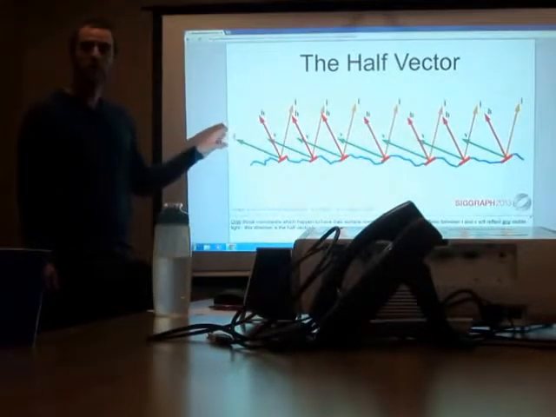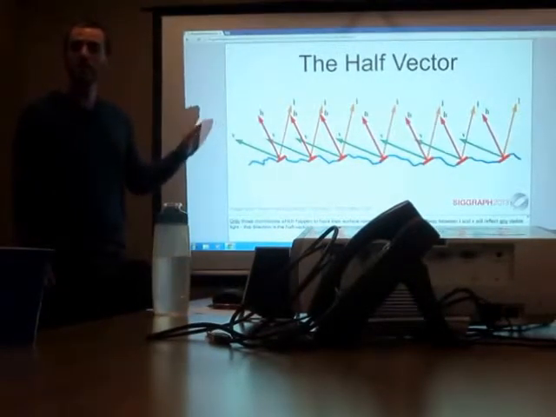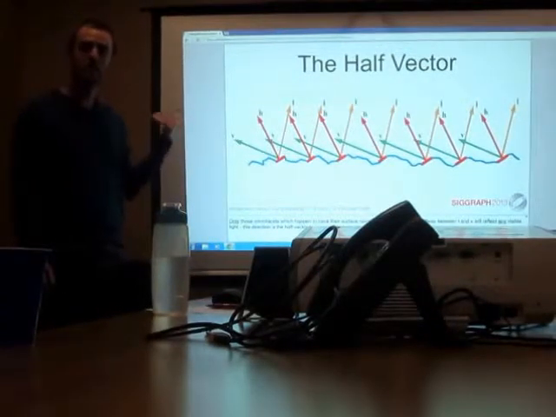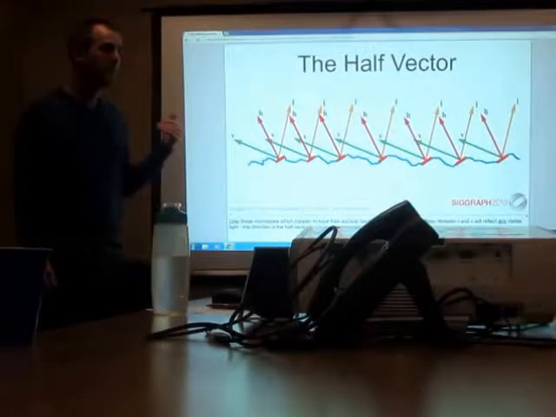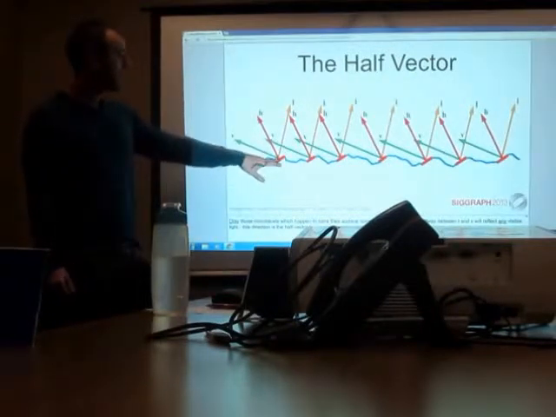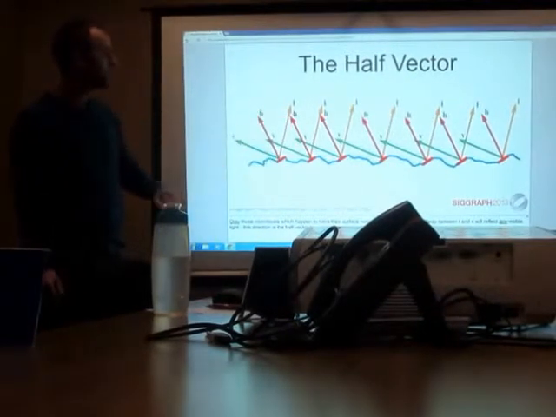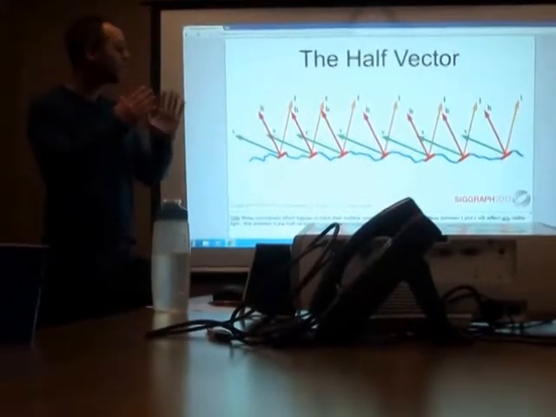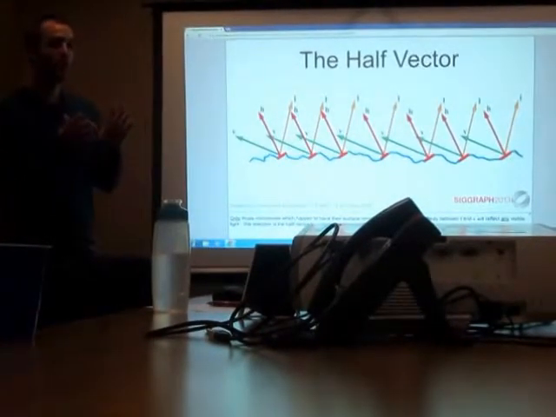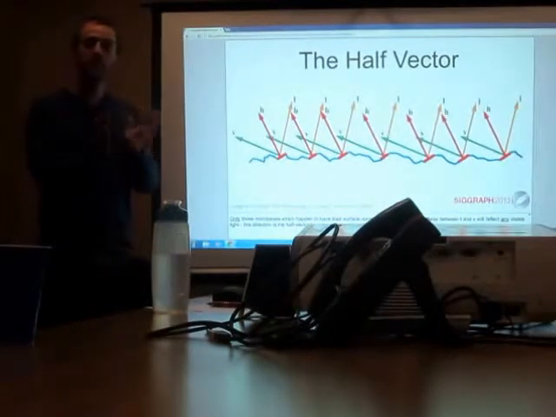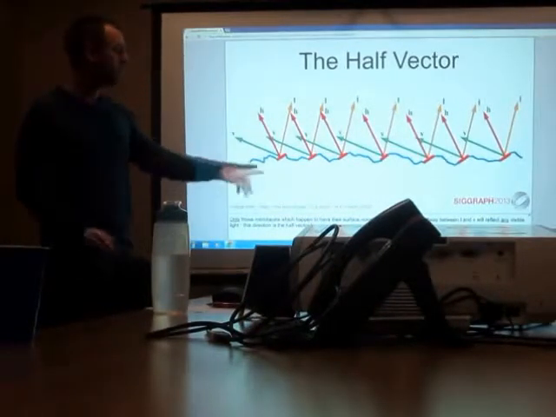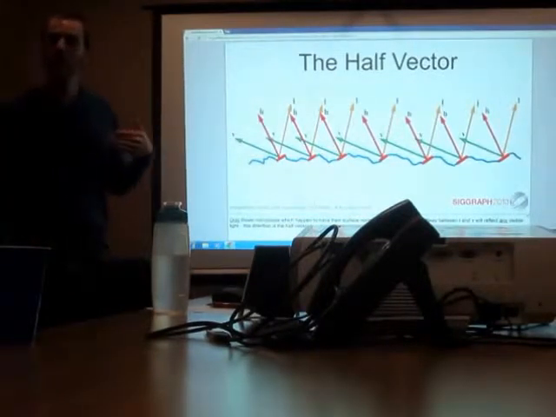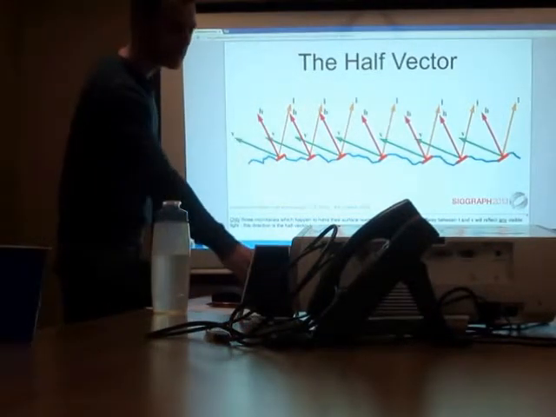That's the only orientation that's going to reflect light off of a mirror back in towards the viewer. And so the normal that we care about is called the half vector. And so the percentage of micronormals that align with the half vector, those are the only ones that are going to send light back towards the camera.